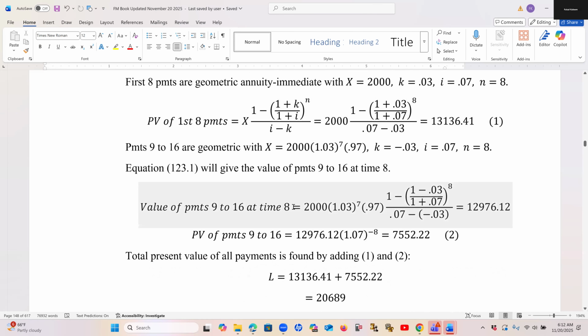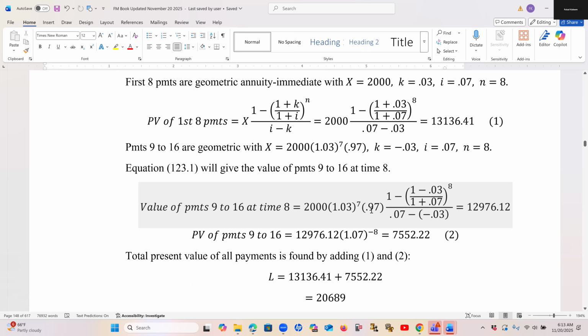So that serves as the x for the payments from 9 to 16. And so x times again (1 minus (1 plus k) over (1 plus i) to the power n) over (i minus k), where k is now negative 0.03 because these decrease by 3%, and i minus k is 0.07 minus negative 0.03. That gives us the value of these payments.